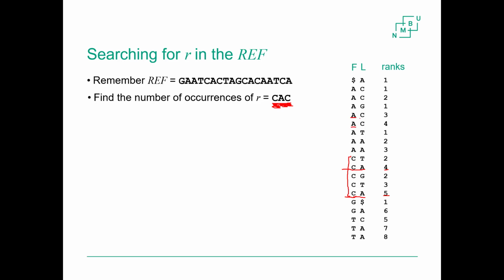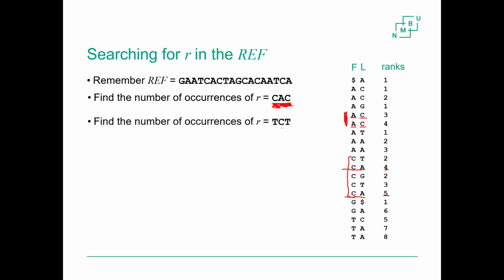To look at those preceding symbols. And both of them have a C actually. So the read CAC occurs 2 times in our reference. And now we're done. We have looked up the read now. So this is how we can use this information to reveal this.